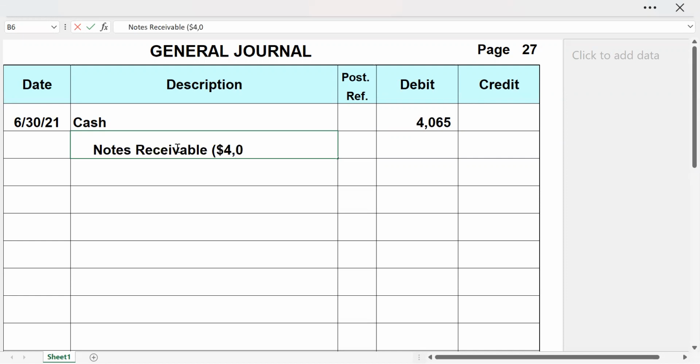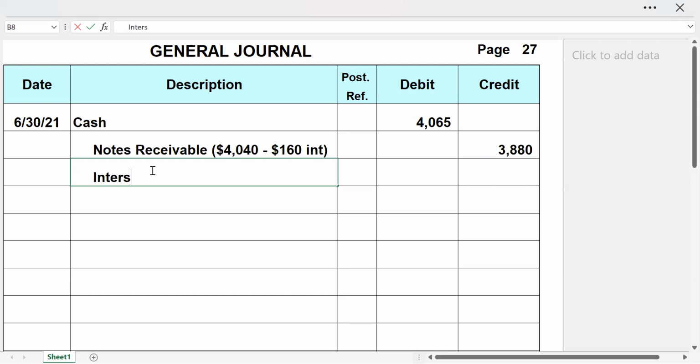The total amount collected was $4,040, which included $160 of interest. So the amount of the note was $3,880. The interest needs to be listed differently because the principal of the note was debited to notes receivable. Now that they're paying us off, we need to credit it to make sure that asset no longer is there. It's now been converted into cash.